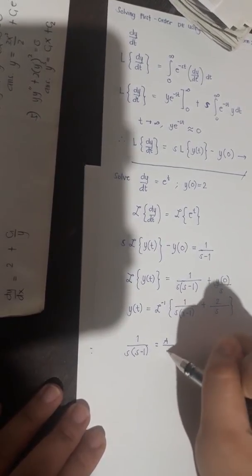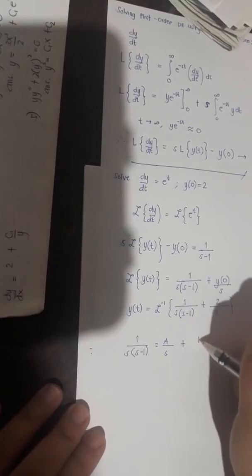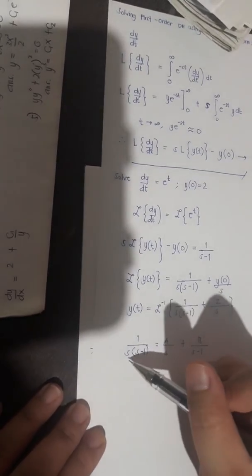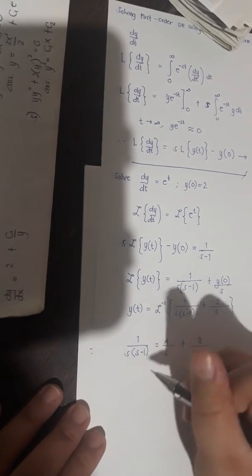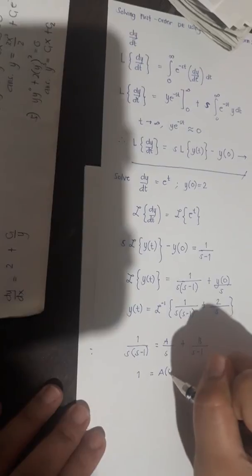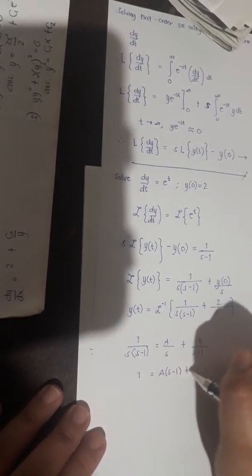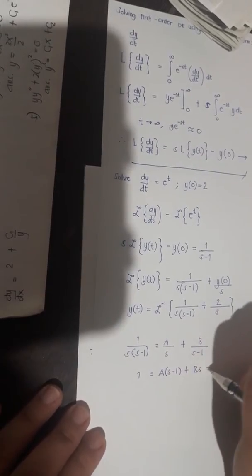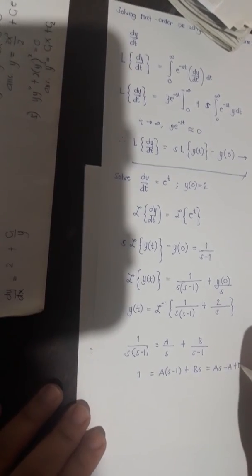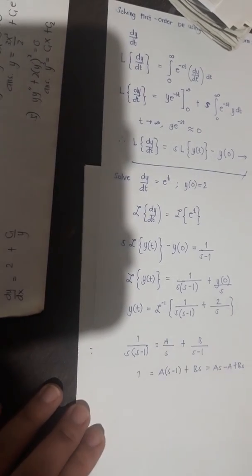So we'll have A over s plus B over s minus 1. Multiplying everything by the denominator, we'll have 1 equals A times s minus 1 plus B times s. So we'll have As minus A plus Bs.